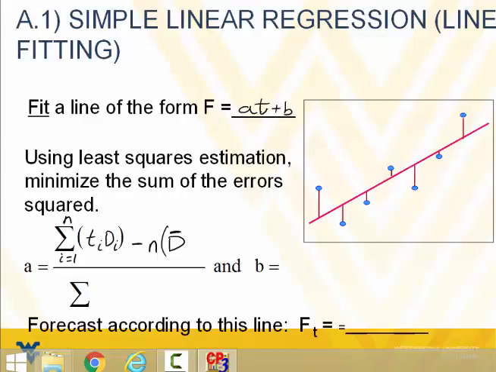The way I denote average is I take the letter D and I put a bar over it, and the average of time periods T, which again is denoted with a bar over the letter T, over the sum of all the periods T squared minus n times the average of T squared. And B is equal to the average of demand minus A times the average of T.